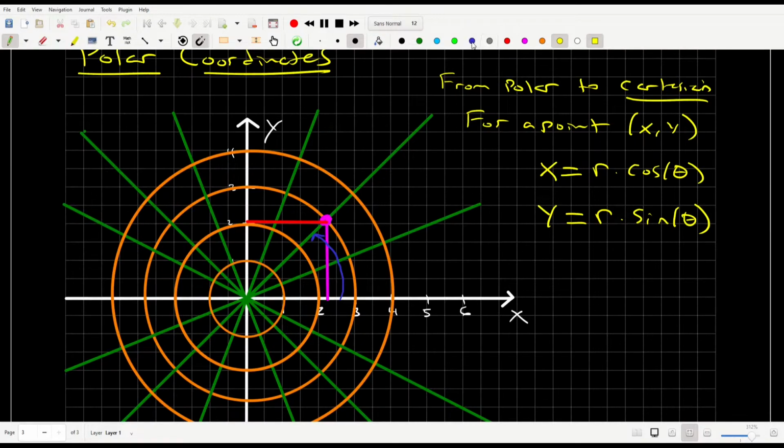It's mainly based on the idea of, let's say we're going to this point right here, looking at the triangle formed when going out to that point and relating the angle theta and the radius to the x and the y coordinate of that point.